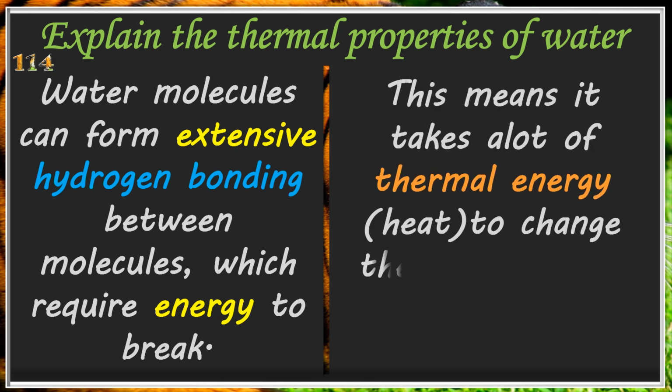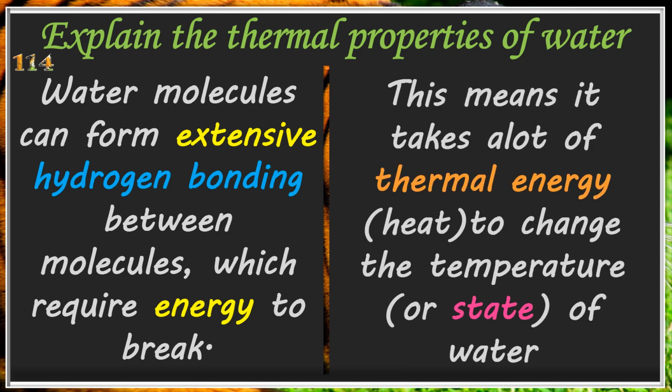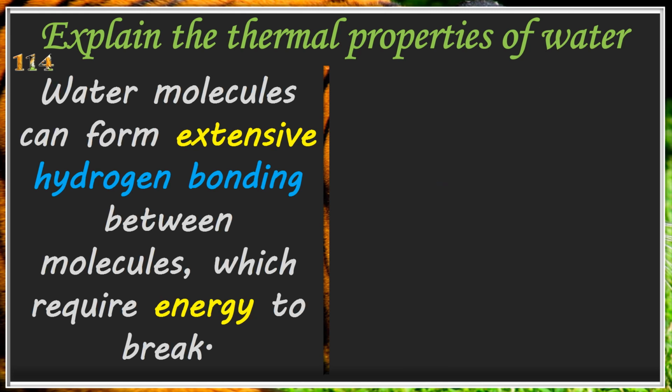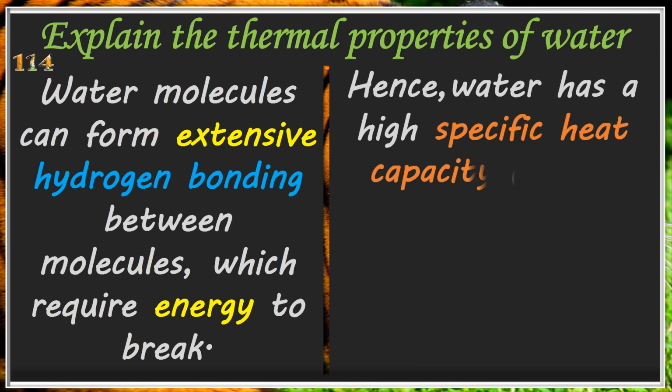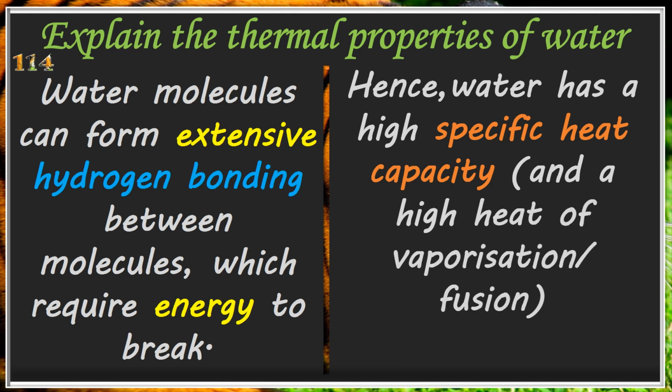This means it takes a lot of thermal energy or heat to change the temperature or state of water. Hence, water has a high specific heat capacity and a high heat of vaporization and fusion.